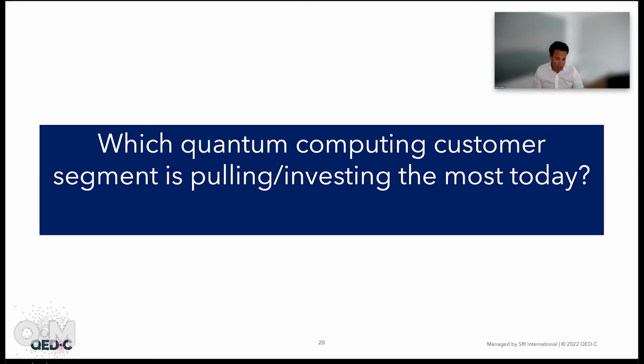This is a really good question, and we get asked this question a lot. With folks within the industry, they're often surprised that where quantum computing is the most applicable, maybe in the near term, is not necessarily where we're seeing the highest industry pull, because of course it's a two-sided equation.